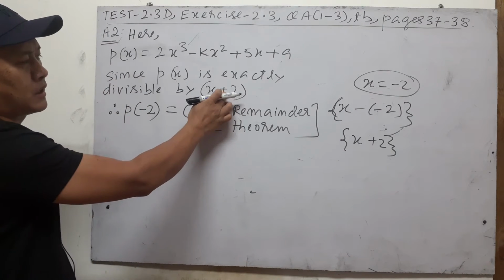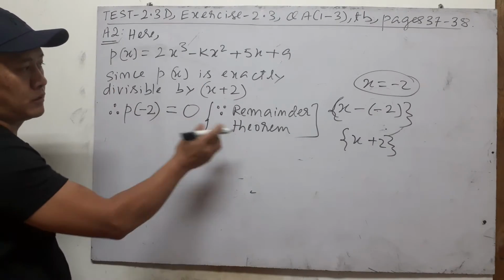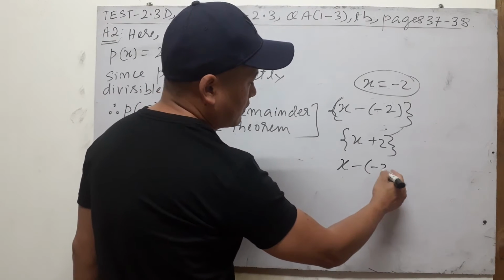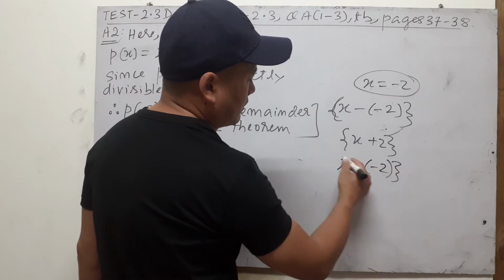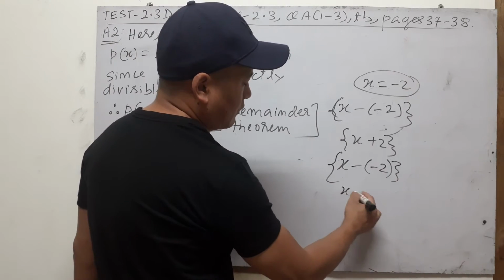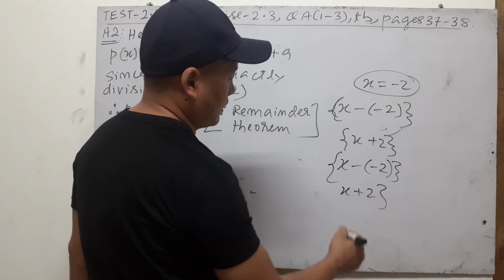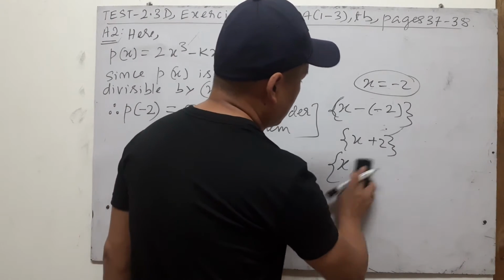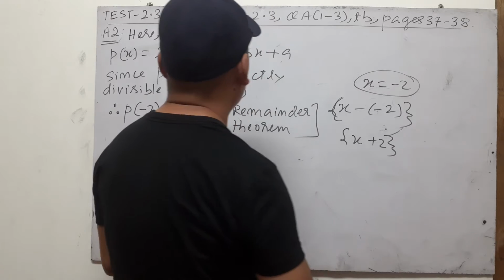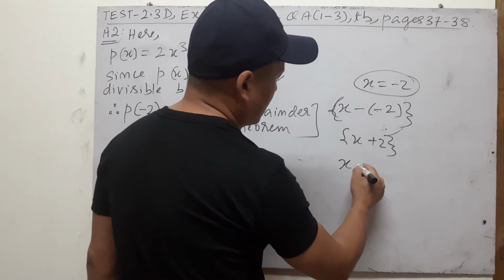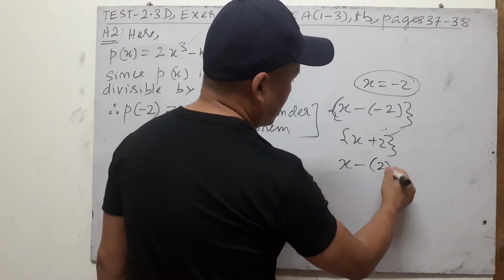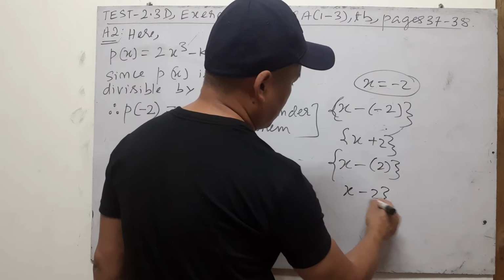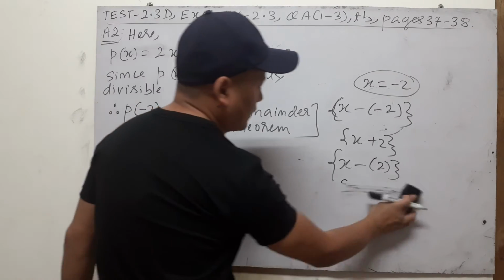Had it been minus, I would have put plus, because x minus plus 2 would give our divisor x minus 2. I hope you're getting it right.